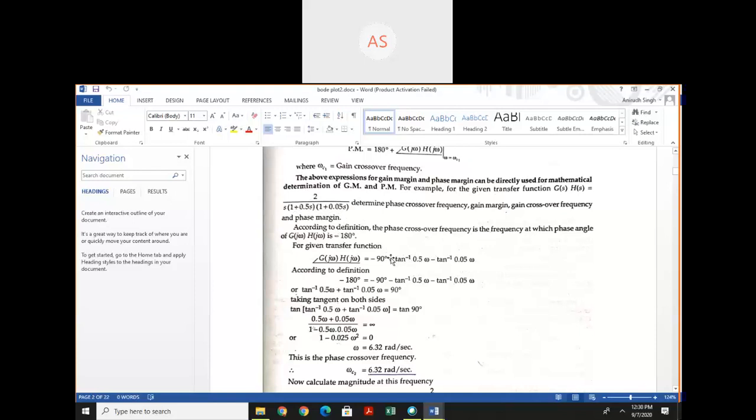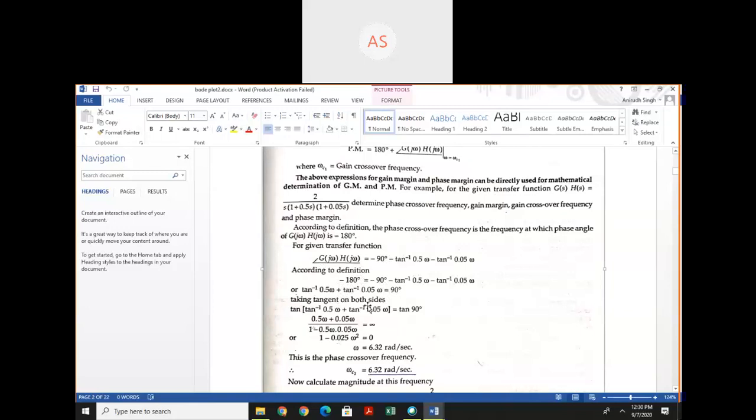According to the definition, the angle of this transfer function is minus 180 degrees, so tan inverse 0.5ω plus tan inverse 0.05ω is equal to 90.